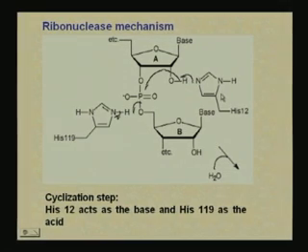It abstracts the proton from the 2' OH of the ribose sugar ring of ring A, that is linked to ring B by the phosphodiester linkage. In an event, what happens is that there is a cyclic phosphate intermediate formed, and the H on the O that forms here is abstracted from histidine 119 in what is called the cyclization step, and histidine 119 acts as the acid, where histidine 12 has acted as the base.